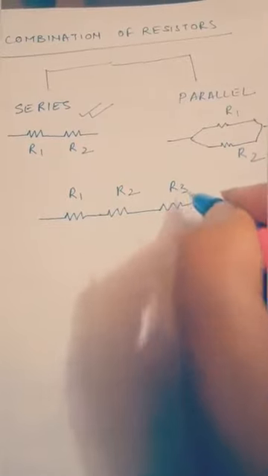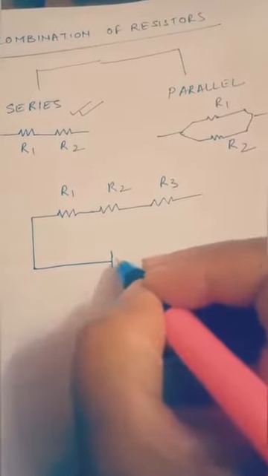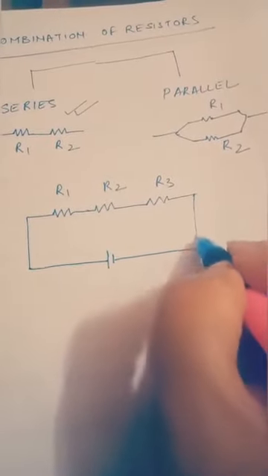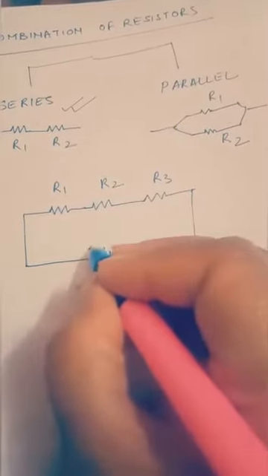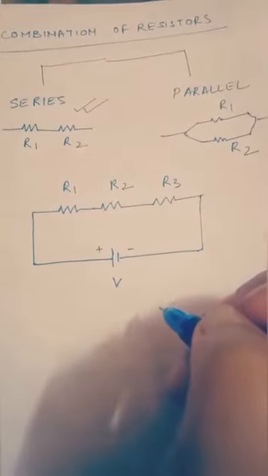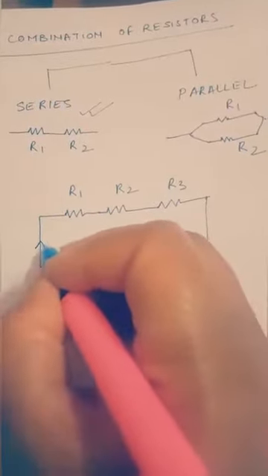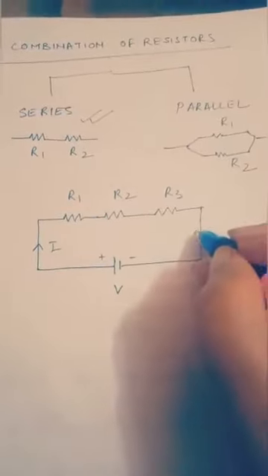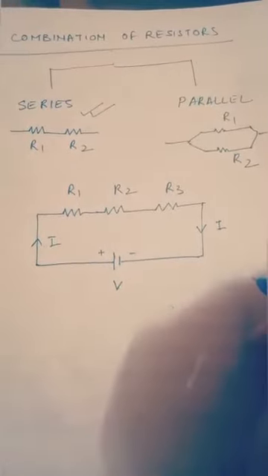Now let us see. Suppose I take any three resistors R1, R2, R3. Let this be R1, this be R2 and this be R3, and connect this to a cell of potential V volts such that I current flows through the circuit.